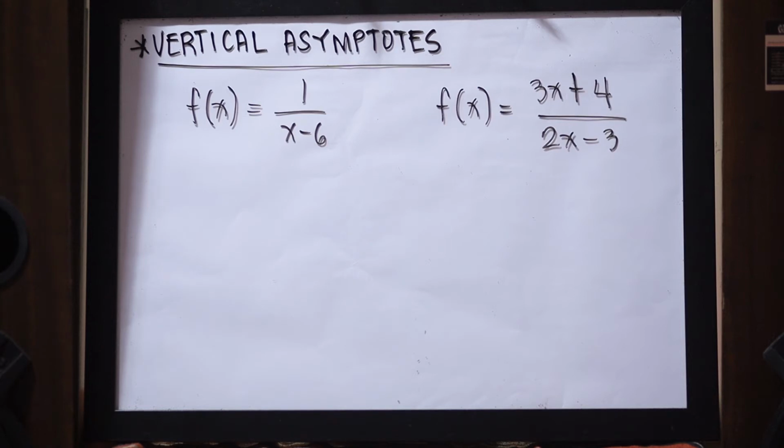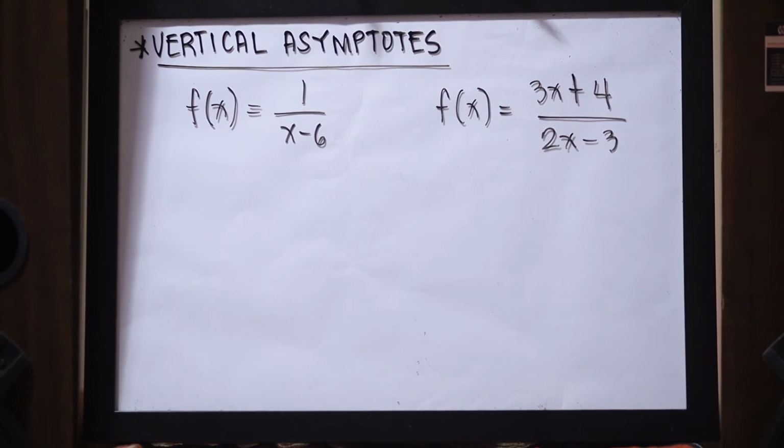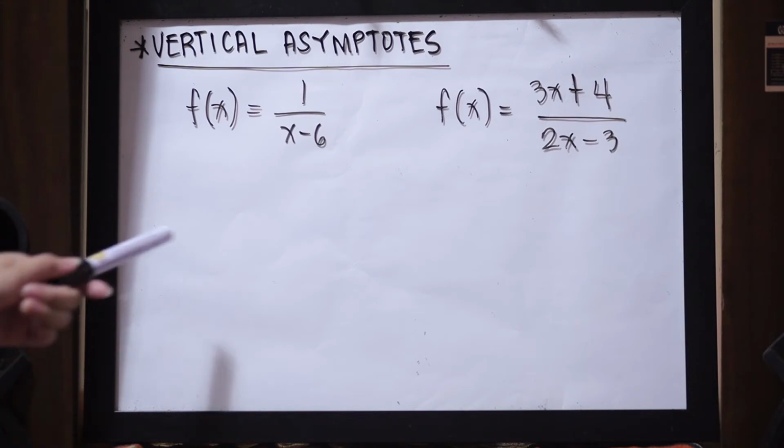First, let's have vertical asymptotes. Ngayon, we have to compute for the vertical asymptotes kasi yung asymptotes, that's the first thing that you have to solve before you can graph a certain rational function. So, in solving for the vertical asymptote, ang iintindihin lang natin is yung denominator.